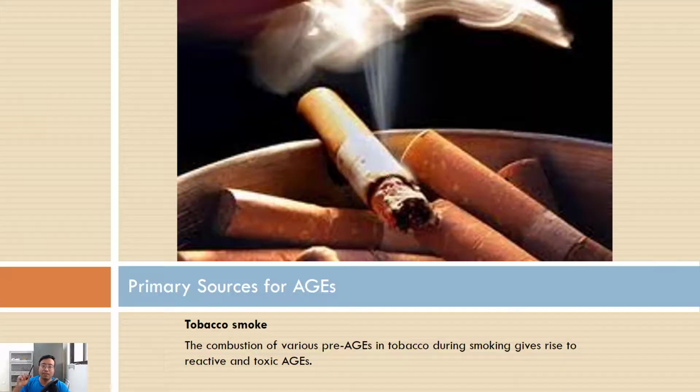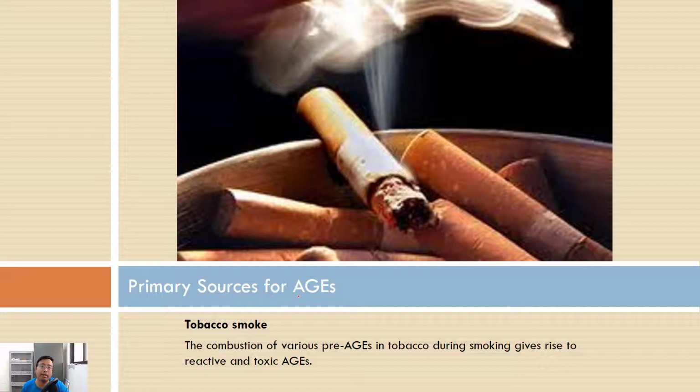Anyway, next, smoking. Definitely it's one of the sources of pre-advanced glycation end products substances. So pre-AGEs, the amines, are inhaled when cigarette smoke goes into our system, and smoking synergized with diabetes mellitus will definitely worsen the situation.